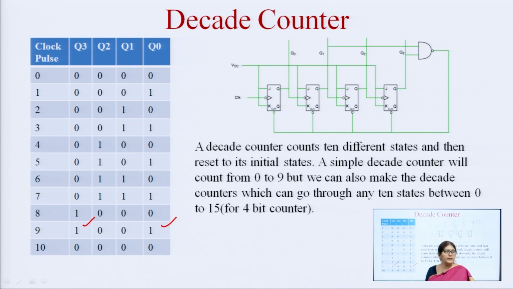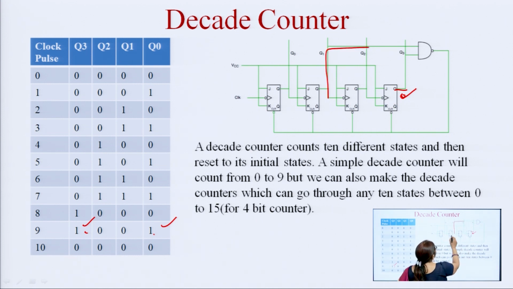So, here we can see in the diagram that the first is Q1, here the clock pulse is applied, and this is a synchronous counter. Here we can see the outputs of these flip flops giving 1 0 0 1, so the output of this AND is connected here.